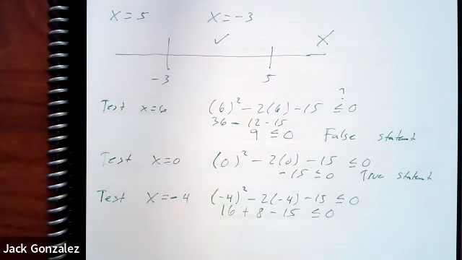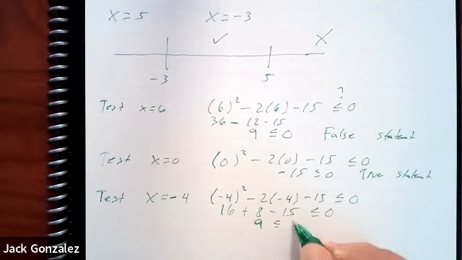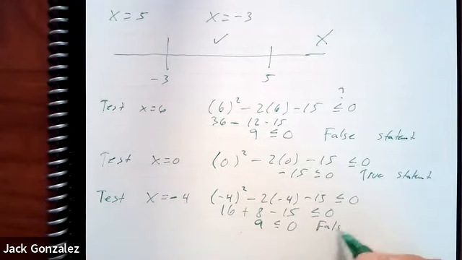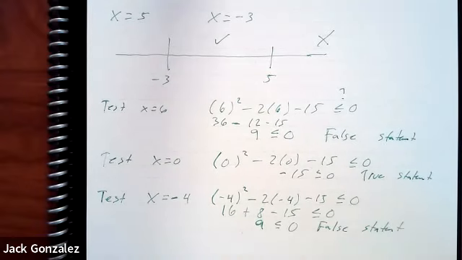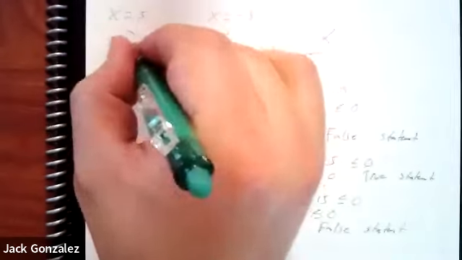Okay. 16 minus 5 is 11, plus 8 is 19. False statement. So I can't use anything below here.